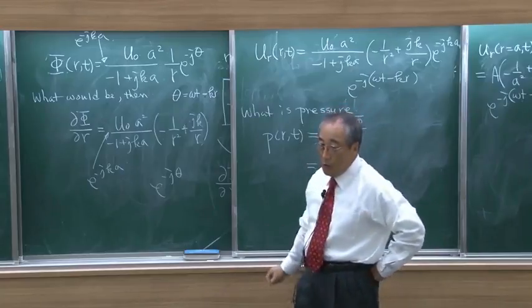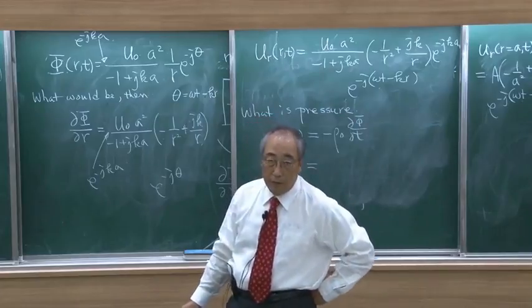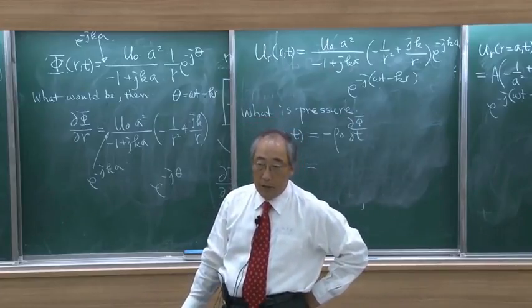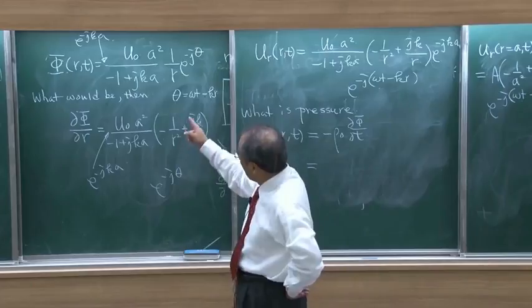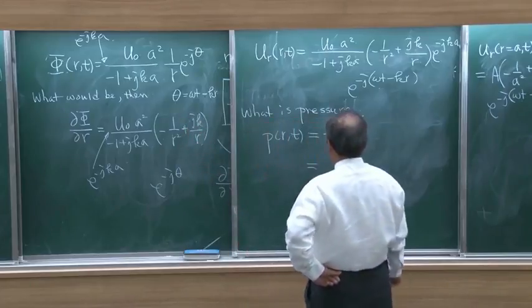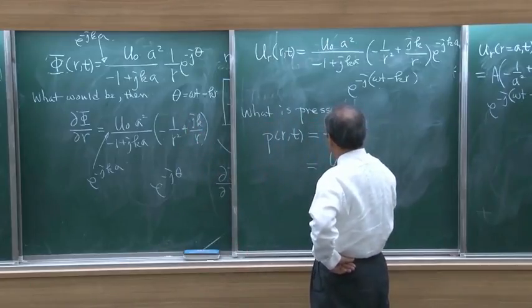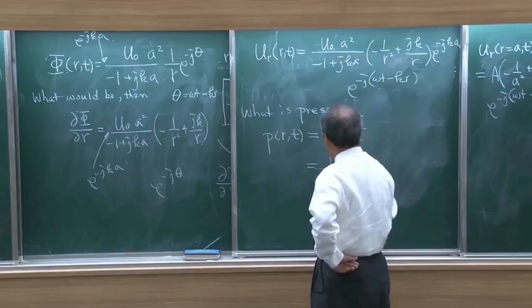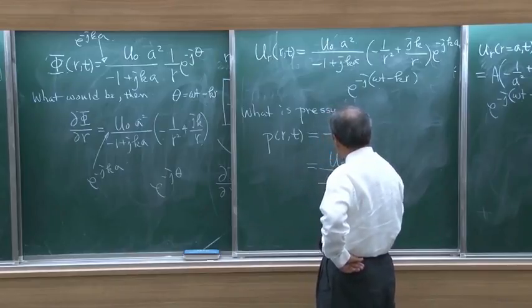And we know the function phi, as we saw over there. So I will write again u0 a square minus 1 plus jka.